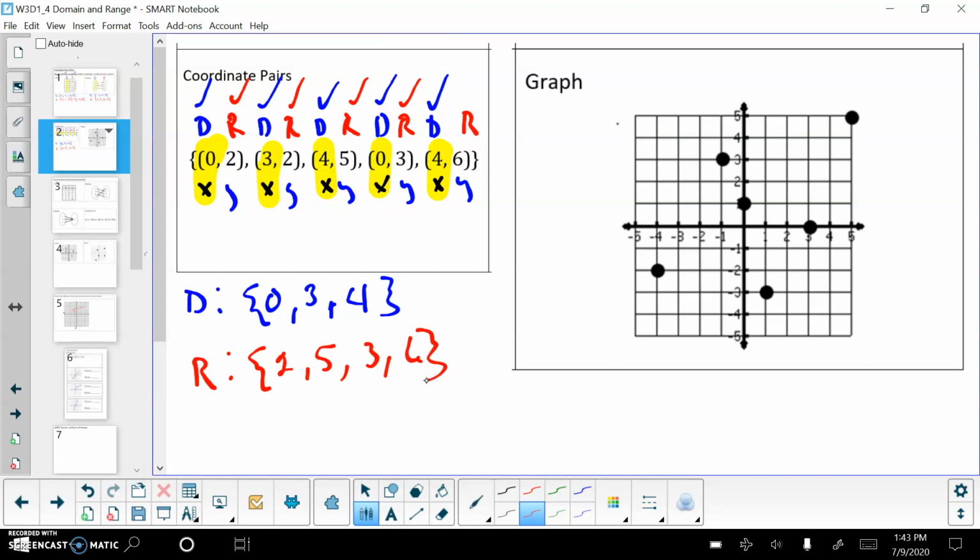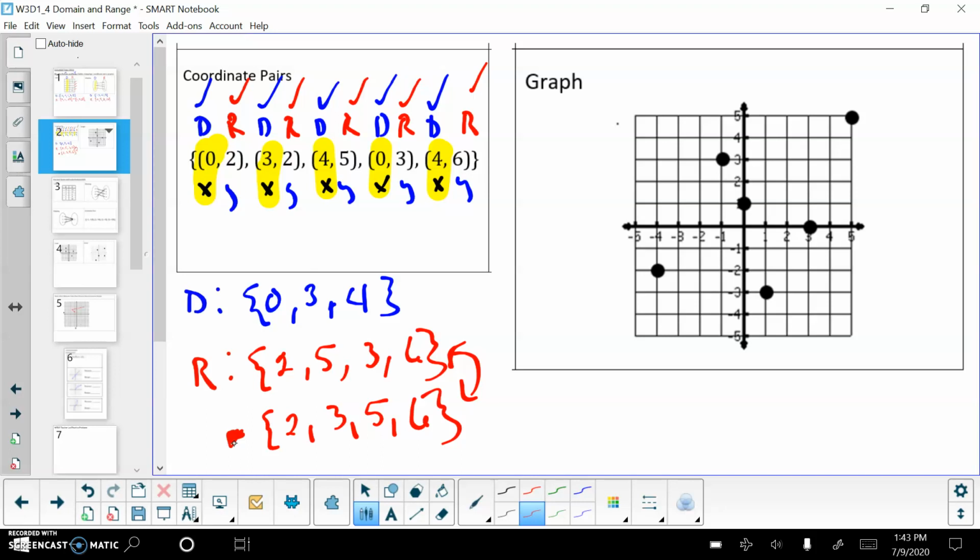And once again, they don't have to be in order, but if you wanted to write them in order, because a lot of times that's how we see our answers, then they would be written 2, 3, 5, and 6. These are actually the same, but some people would consider the second one that I'm starring a better way to write the answer because it's in order.